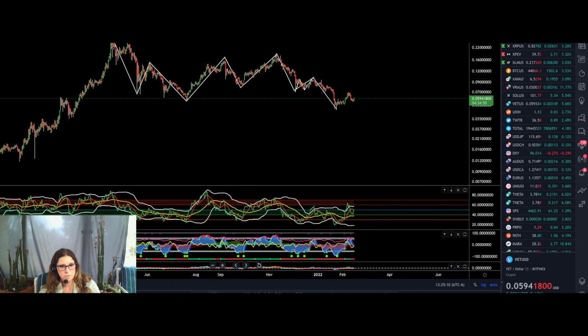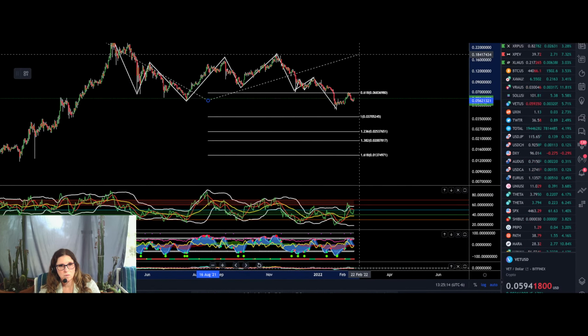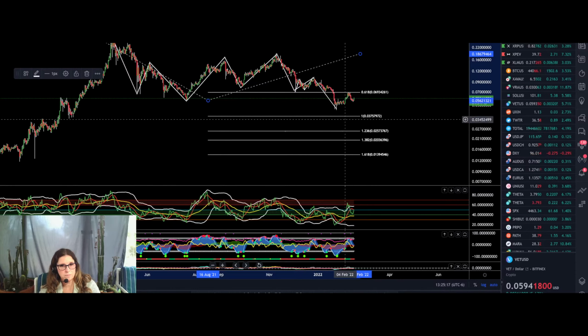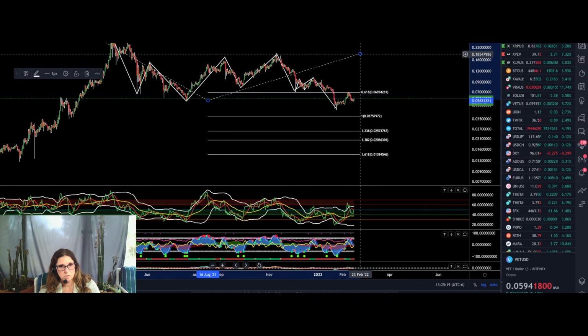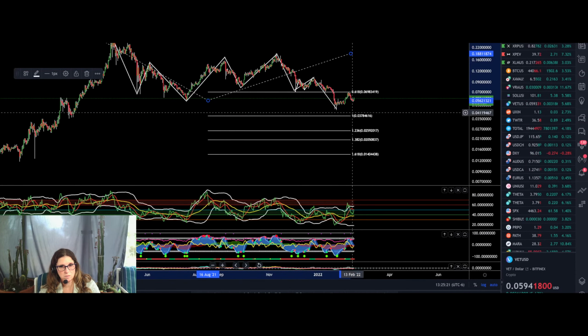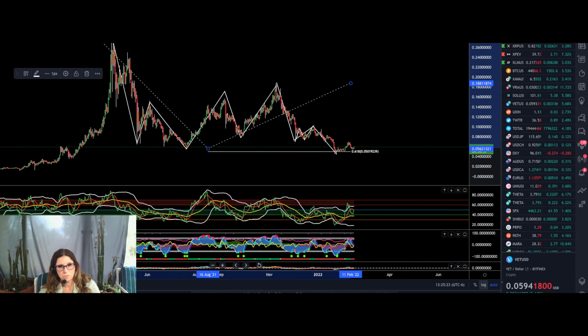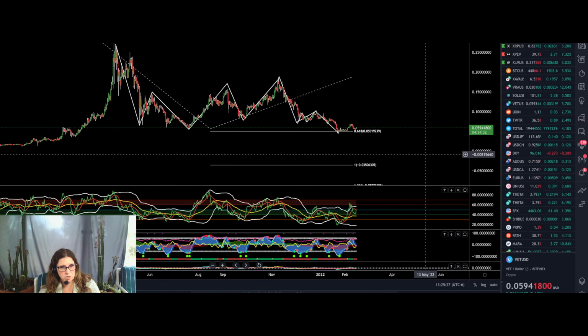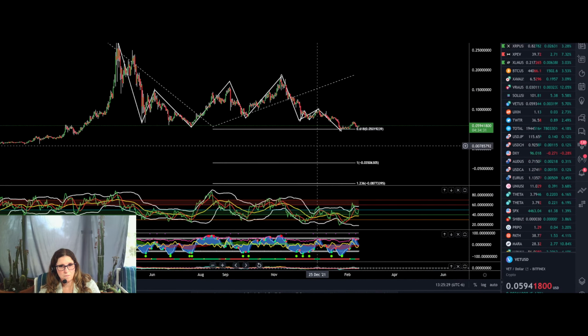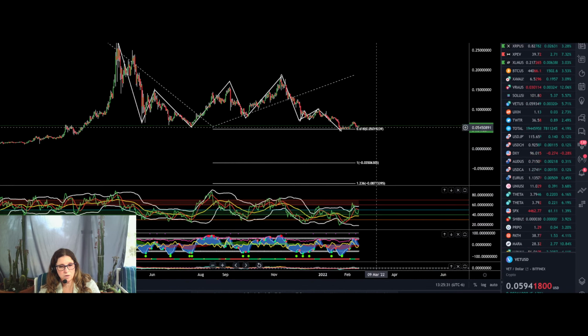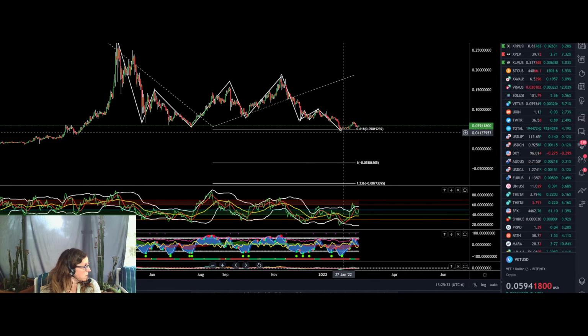Okay. Now, we're sitting in between 2 fib extensions here. Linear. I wish log and linear didn't exist. All right. Well, on linear, it's sitting on the 618.